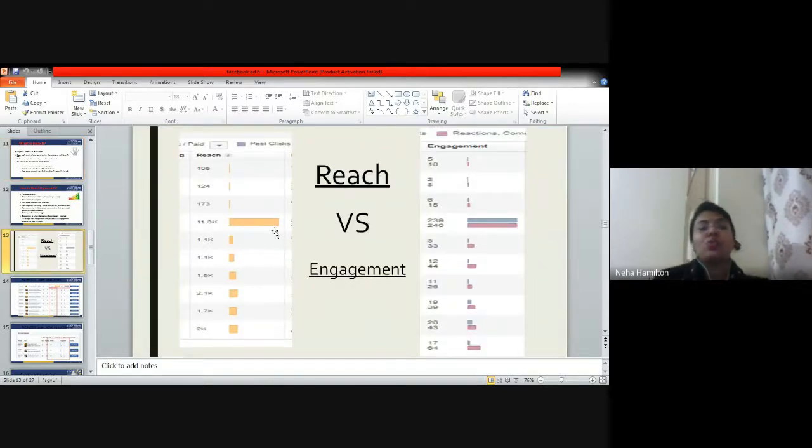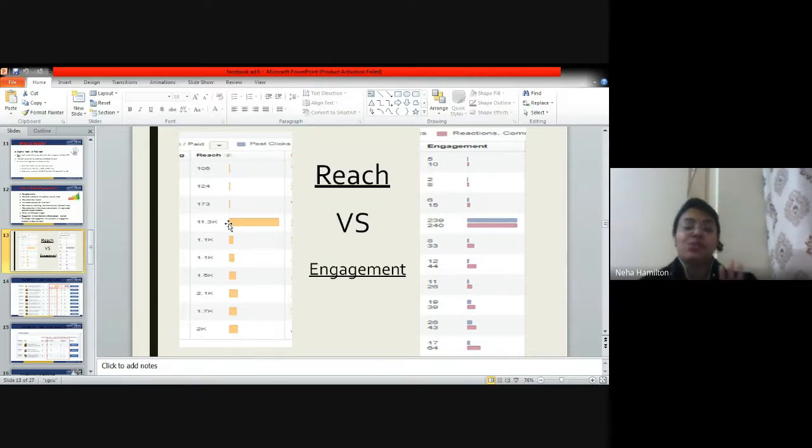Okay, so this is a snapshot of Facebook analytics. Once you post an ad, you can check on Facebook how many people this post has reached. And it is very important to understand that reach is different from engagement.